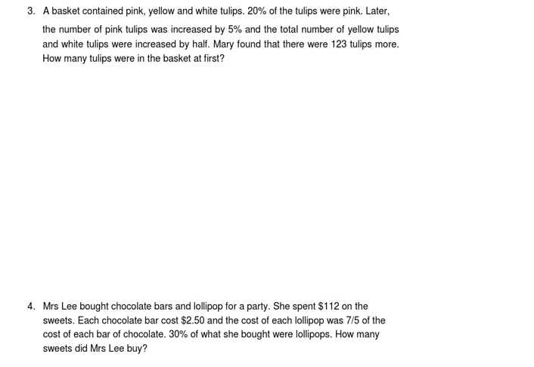Mary found that there were 123 tulips more. How many tulips were there in the basket at first? Let's say at first, all the pink, yellow, and white tulips is 100 units.